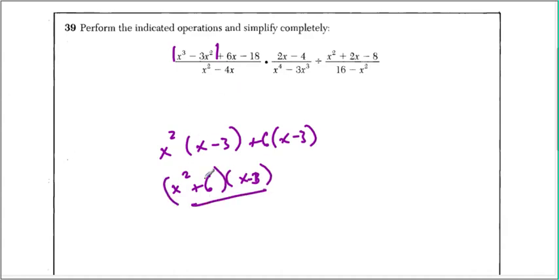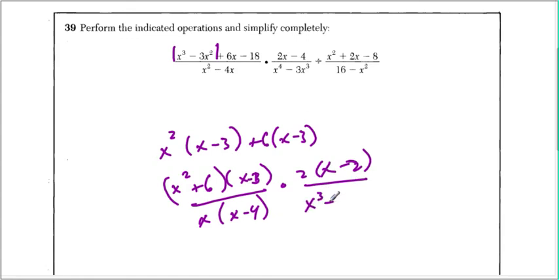Divided by, take an x out, get x minus 4, times, take a 2 out, 2 times x minus 2, over x to the third minus x minus 3 times 4 minus x, 4 plus x, over x plus 4, x minus 2.